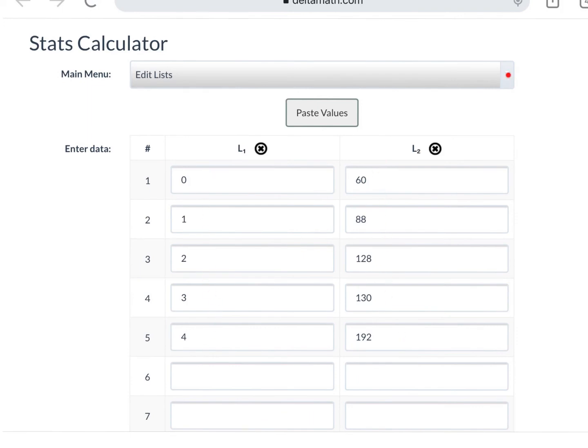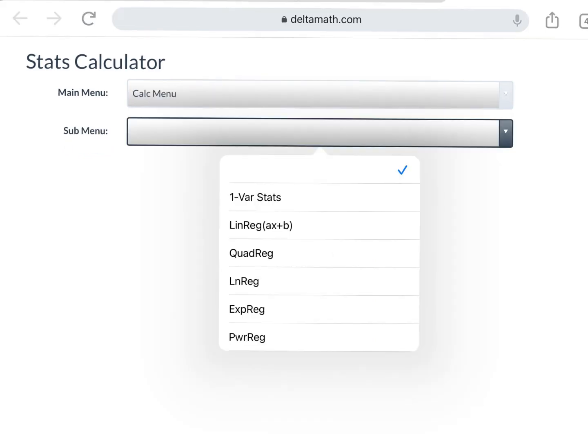Next we're going to click this menu, Edit List, and we're going to choose from that Calculate. Now what is it we want to calculate? And again, this fits a lot of stuff that's on your graphing calculator. There are different types of regressions. What we want to do is linear regression. Pay attention to this on your graphing calculator though, because there are two of these.